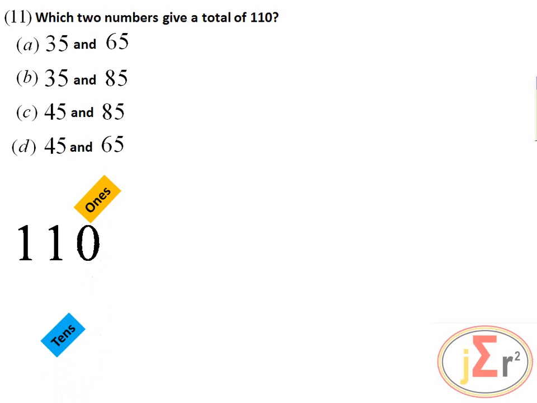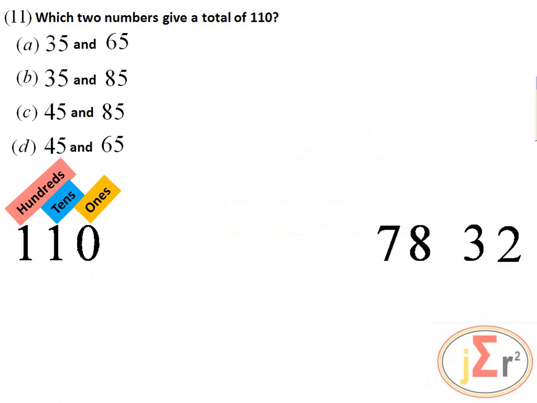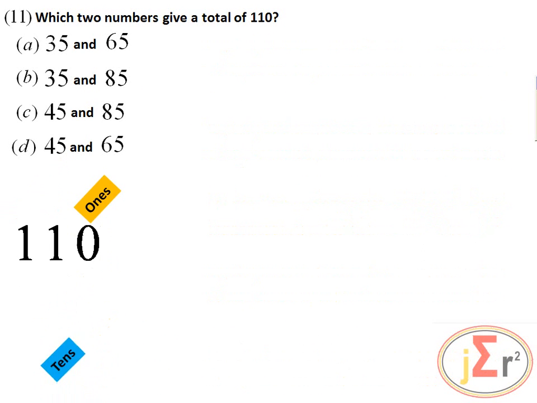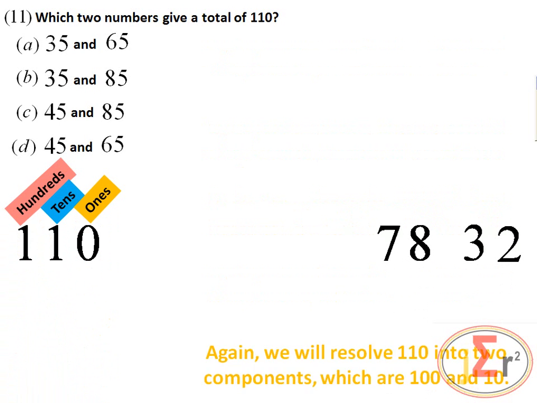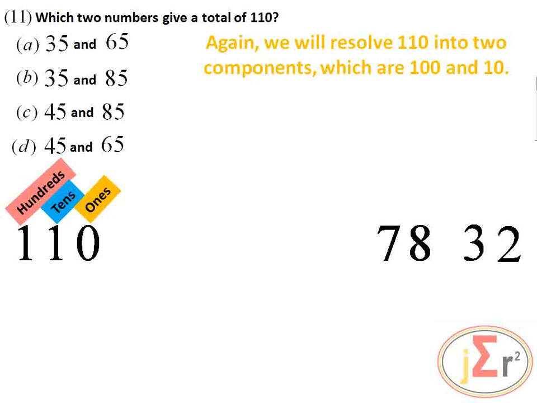So there we have our 110 as before, with all the digits, with all the place values, and we have there 78 and 32, right? So again, we will resolve 110 into two components, which are 100 and 10.